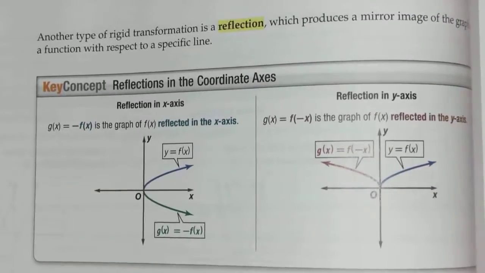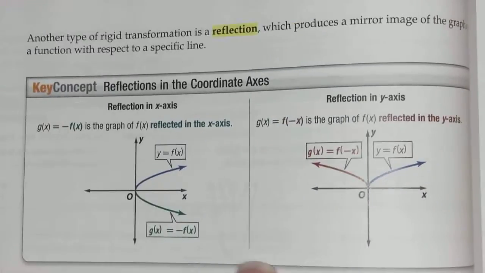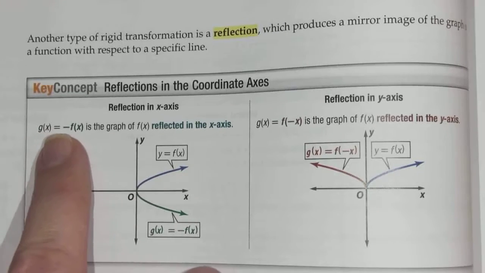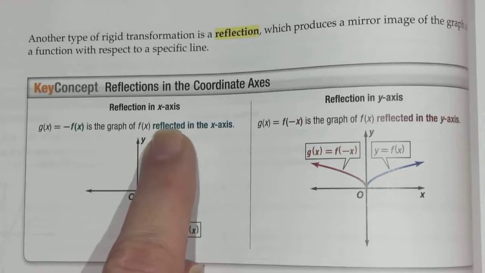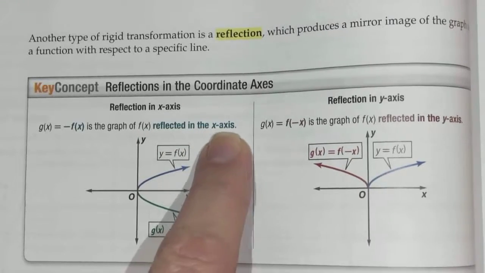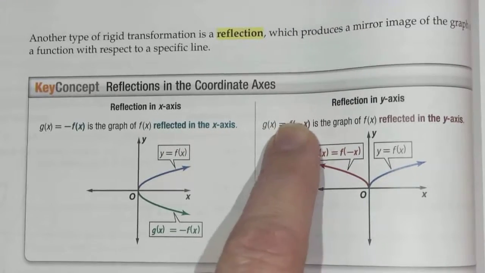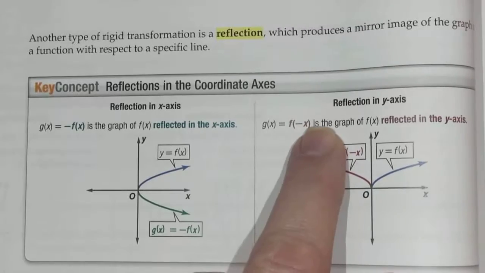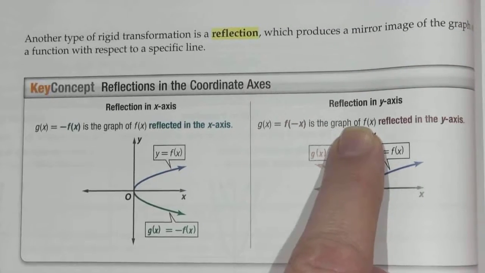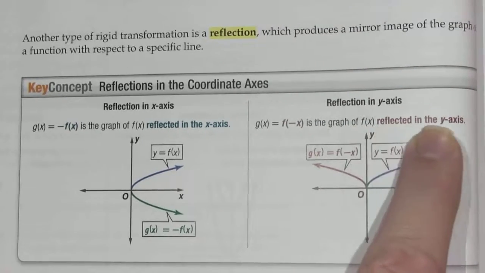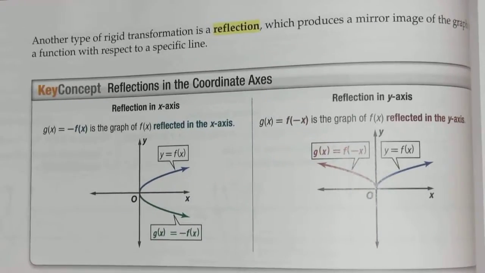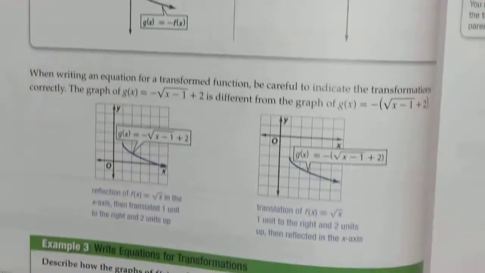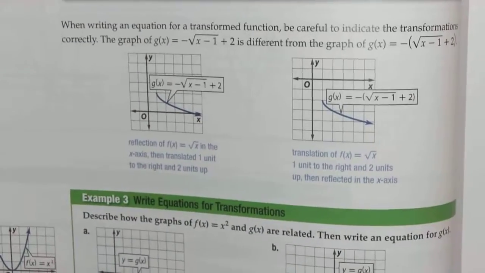So if you have, and we did this before, I think, g of x equals negative f of x, it is the graph of f of x reflected over the x-axis. When g of x equals f of negative x, it is the graph reflected over the y-axis. Okay. All right, so let's look at this. We'll see examples. Hopefully that will make real good sense in a minute.